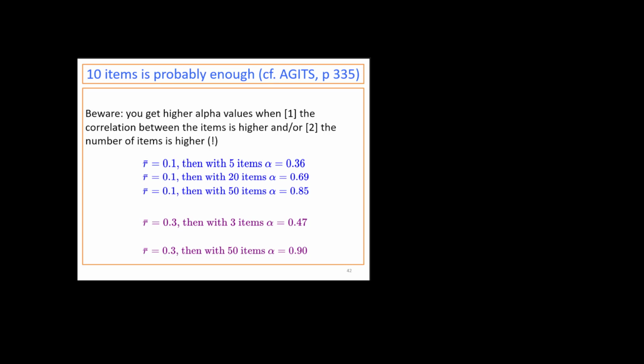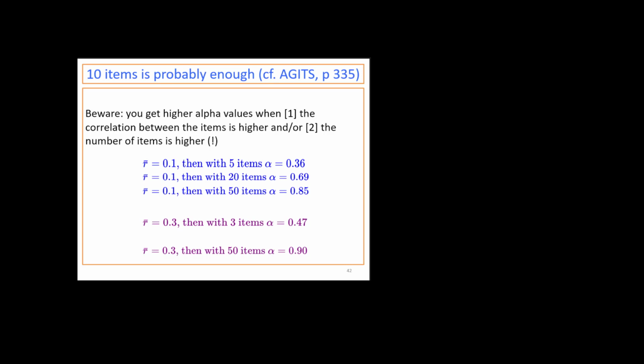Something that you should know is that the alpha score gets higher if the correlation between the items is higher, which is good, that's what you want, but also if the number of items is higher. So if there is a very low correlation between the items, but you have 50 items to measure something, then the alpha also will be very high.